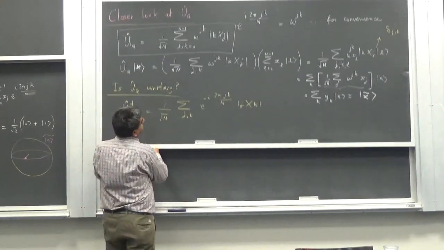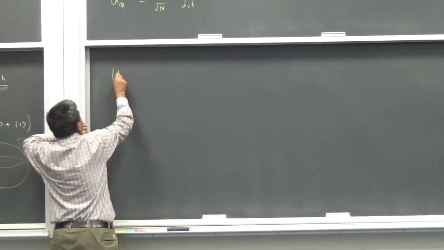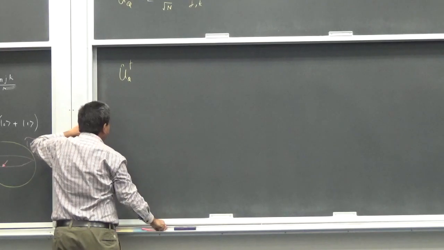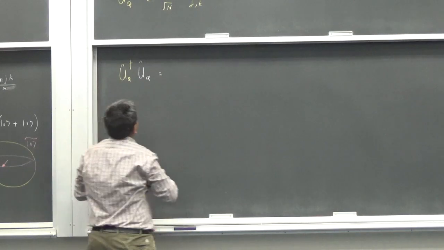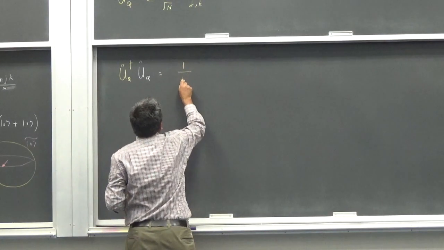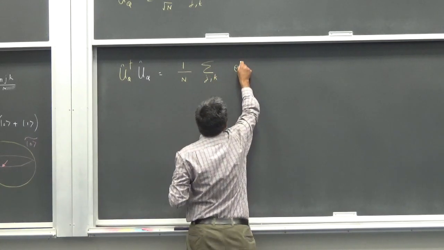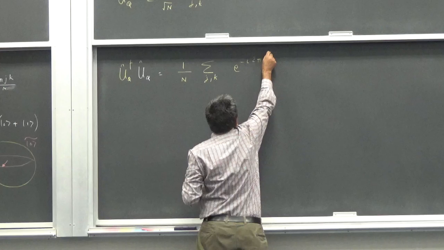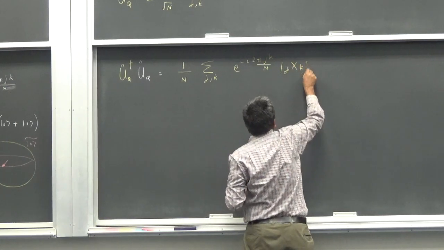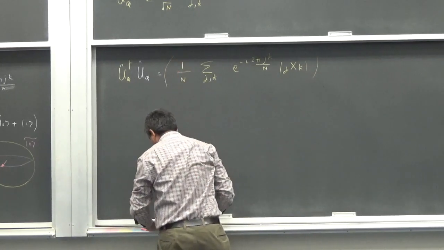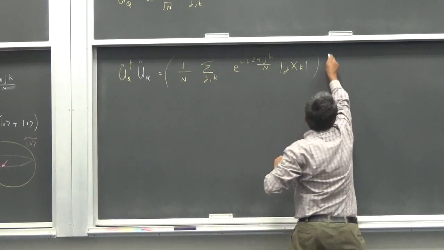So I take my U dagger, I take my U, and lay them out together, concatenate them together with one another. So I'm left with 1 over n, sum over jk, e to the minus i 2 pi jk over n, ket j bra k, and for U I write the original thing, 1 over root n.